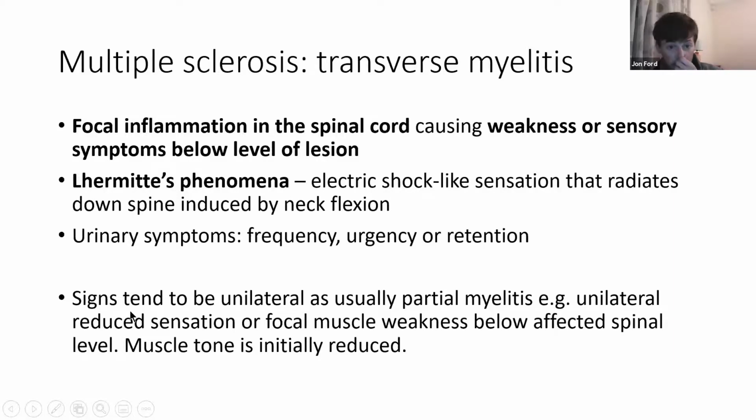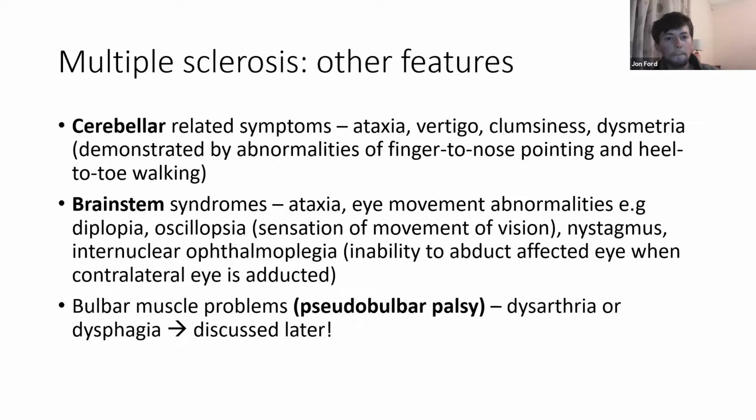Signs in transverse myelitis tend to be unilateral, as it's usually only partial, and the muscle tone is usually initially reduced despite it being an upper motor neuron lesion. That's to do with how the spine deals with initial insults, but you don't need to know much about that.